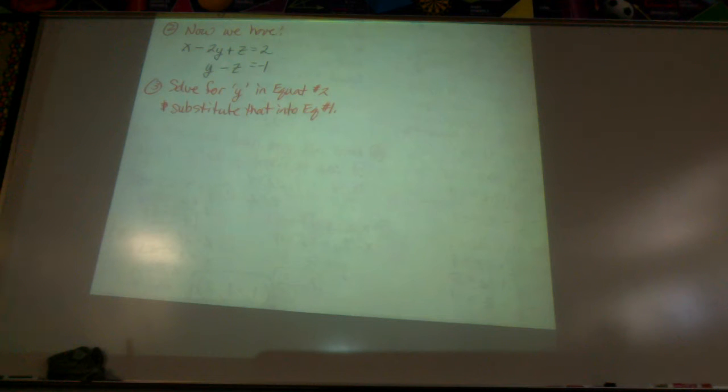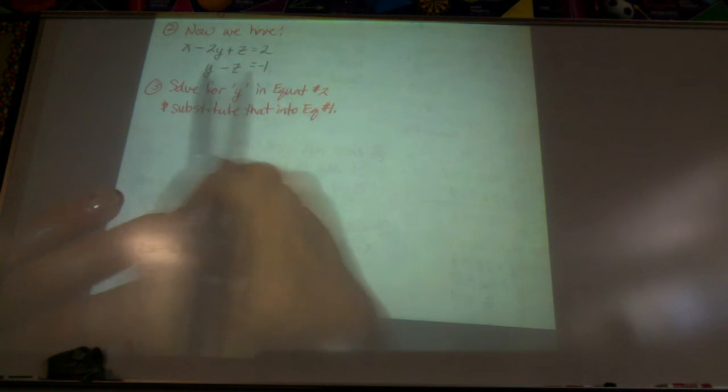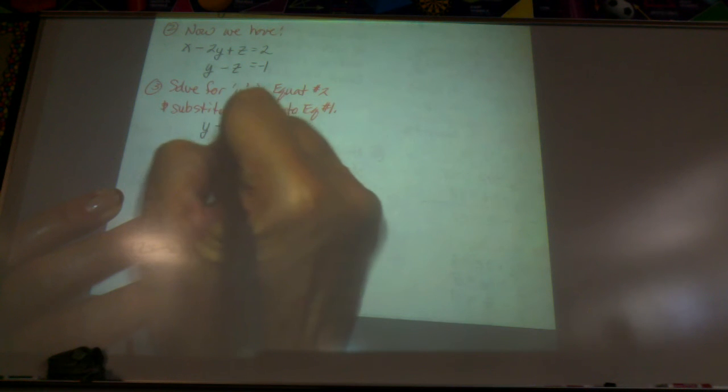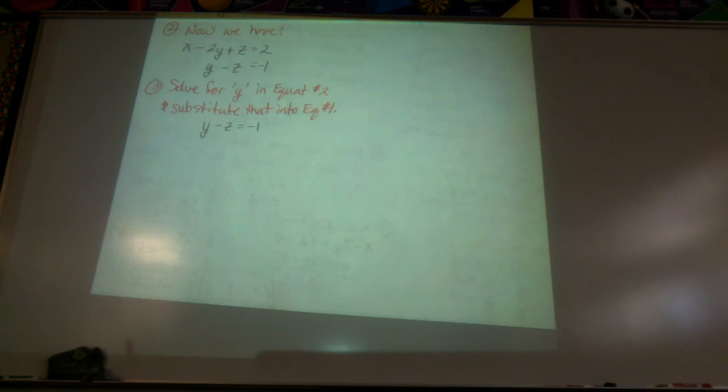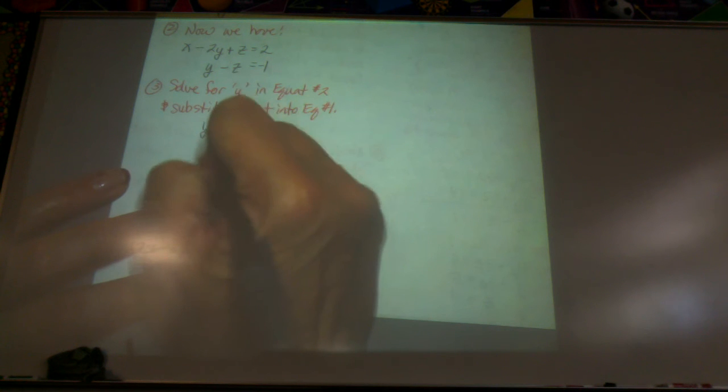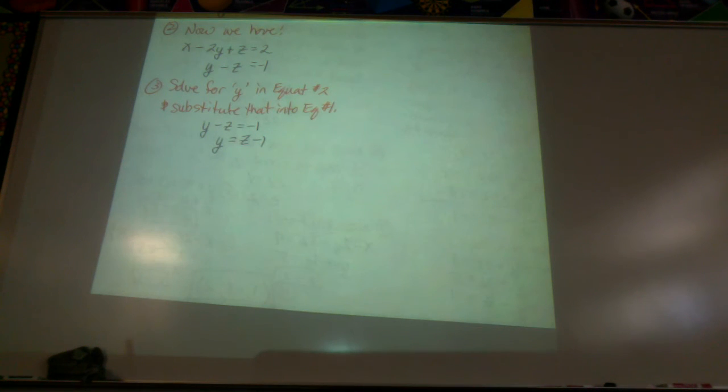Okay, so if I take this new second equation, y minus z equals -1, and I solve it for y, what do I have to do to both sides? Yeah, add a z. So don't I end up with y equals z minus 1? I'd rather write it as z minus 1 rather than -1 plus z. It's just awkward.